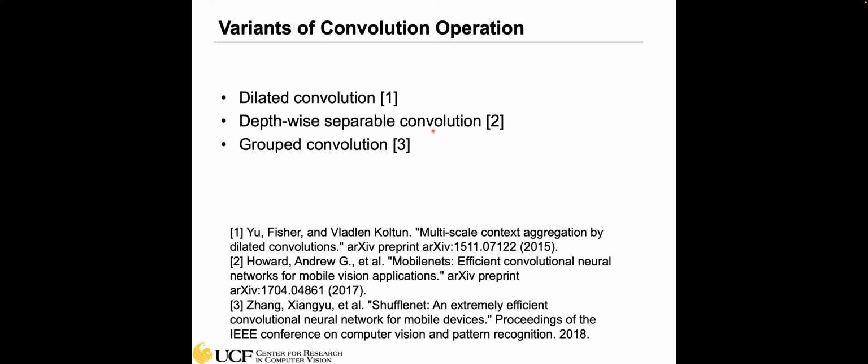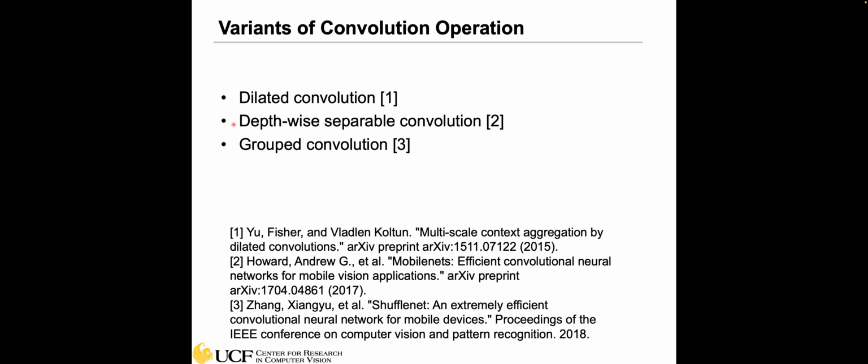People want to deploy deep neural networks on mobile platforms like your cell phone or IoT devices, where computation and memory resources are very limited. You cannot deploy a very deep, large network, so you want a computation and memory efficient architecture. These are the two variants specifically designed to reduce the number of parameters and the floating point operations.